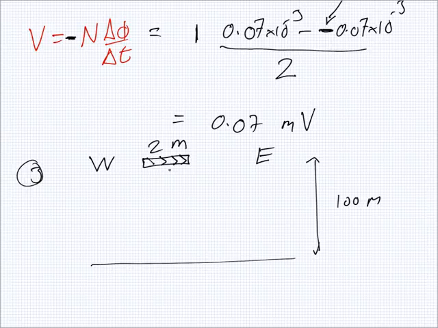The F is down. The B is this way. So the current is to the right. What's changing here? The B or the A? The A is changing. You're getting more area as it falls.